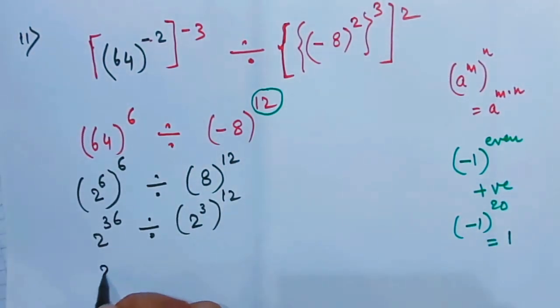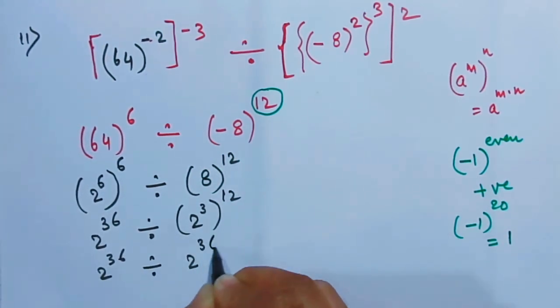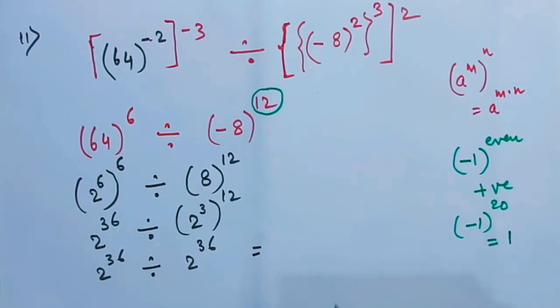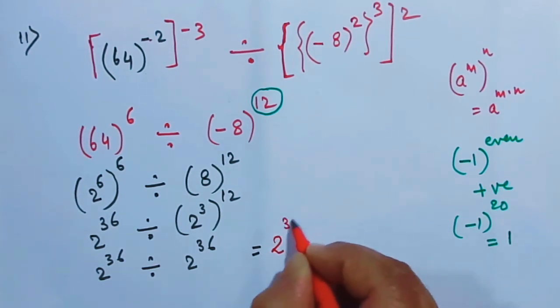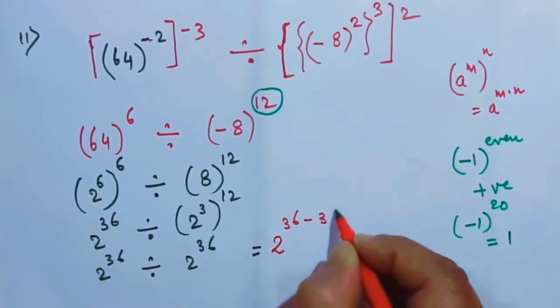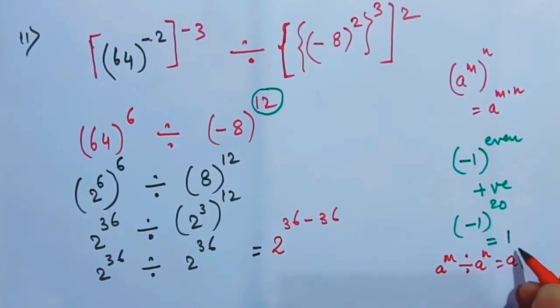So my dear, 2 to the power 36 divided by 2 to the power 36 is equal to how much? Let me solve in its exponent form, it will be equal to 2 to the power 36 minus 36. Once again I have used another rule, that is a to the power m divided by a to the power n is equal to a to the power m minus n.